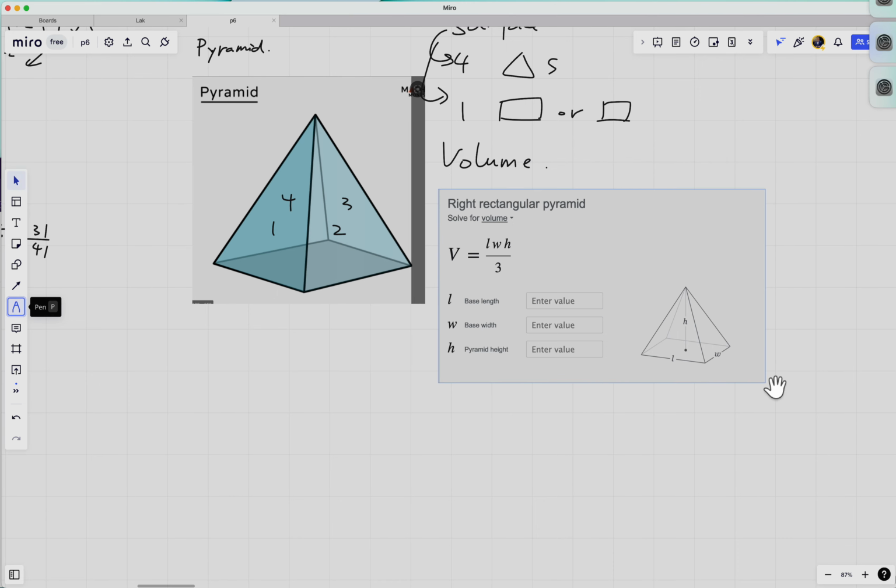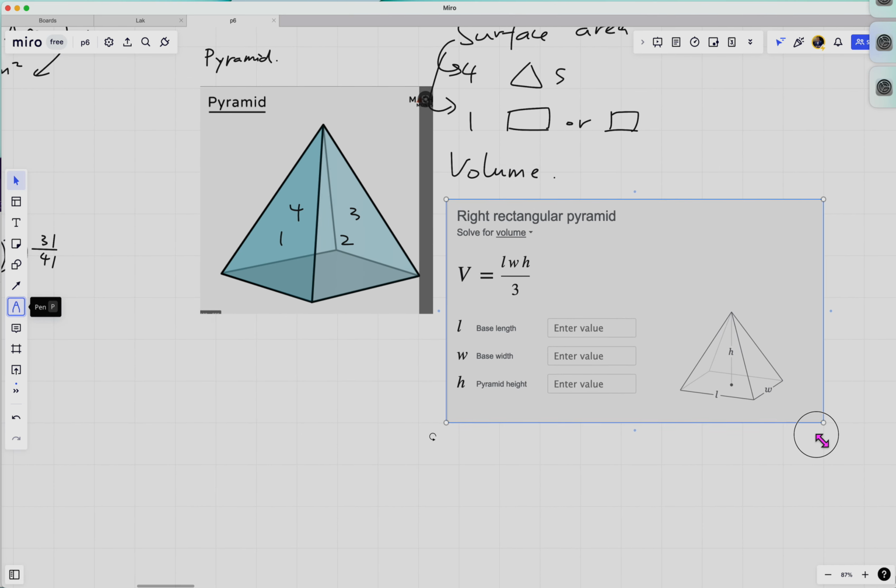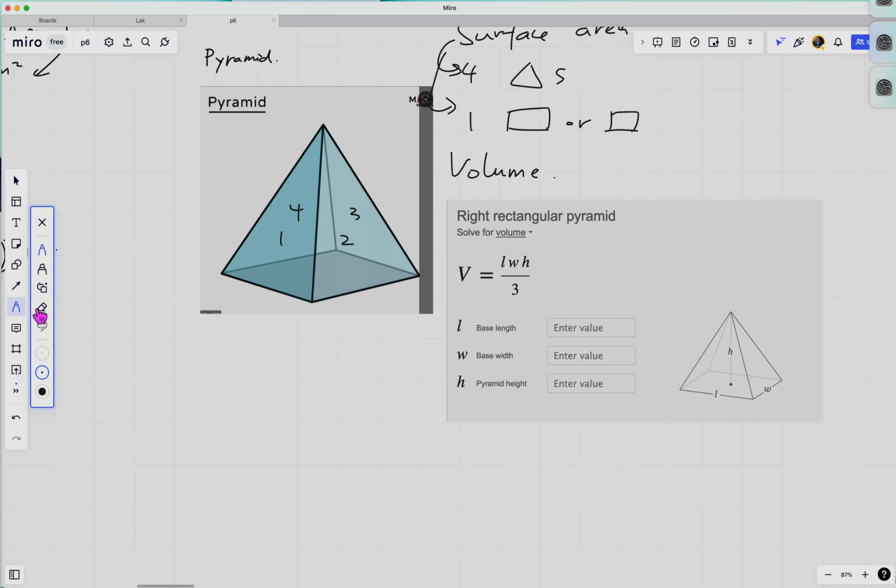W actually is the base width. Does it make sense? Then L is actually the length of the base. Okay, so it's quite easy, base length.